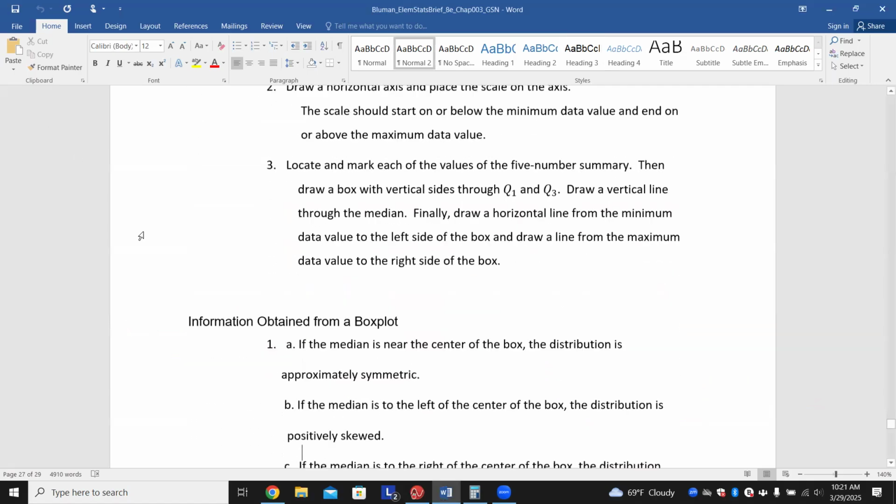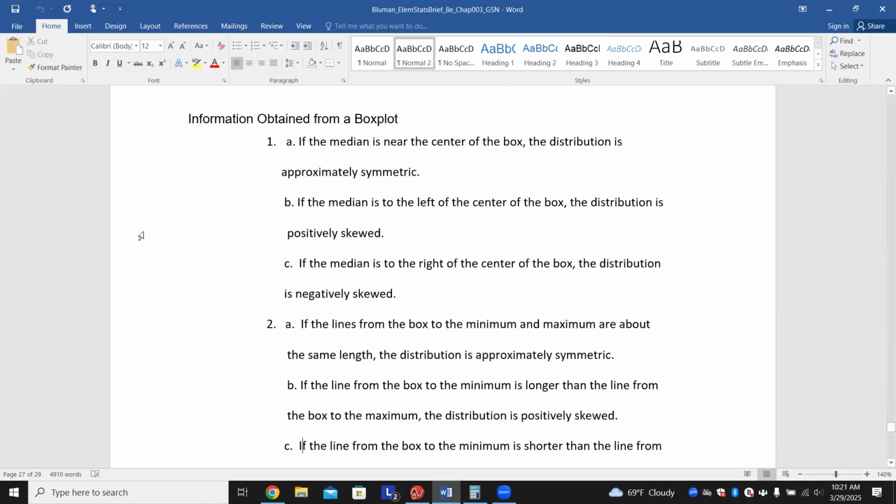Information obtained from a box plot. A, if the median is near the center of the box, the distribution is approximately symmetric. What I just drew would have been approximately symmetric. If the median is to the left of the center of the box, the distribution is positively skewed.